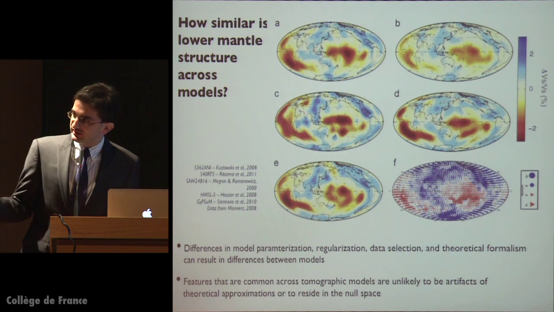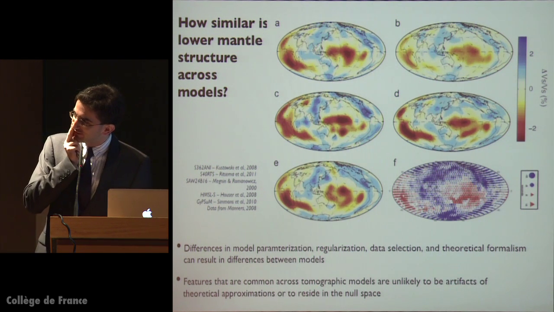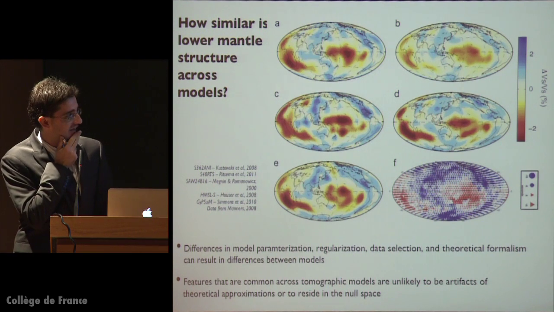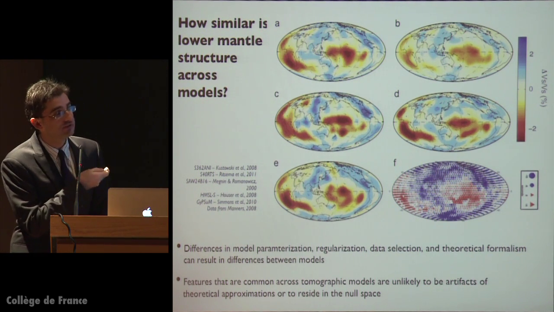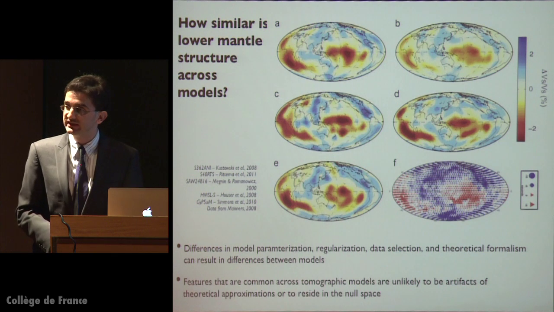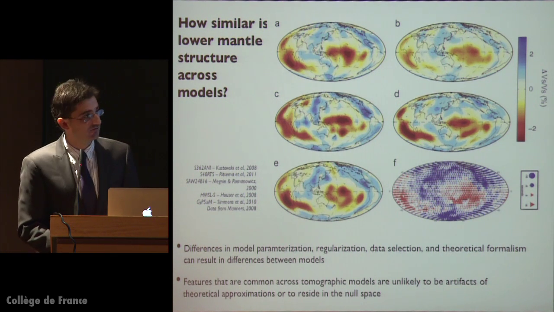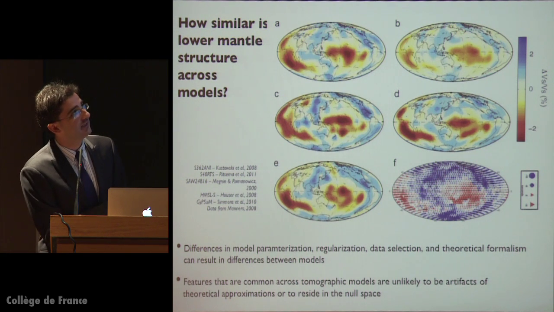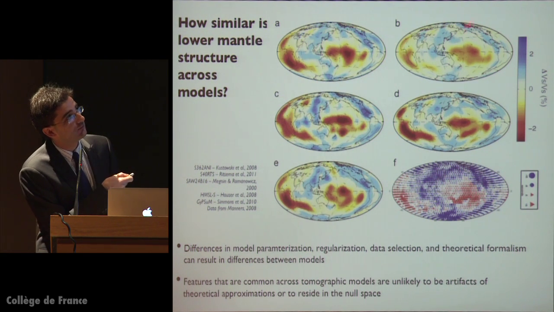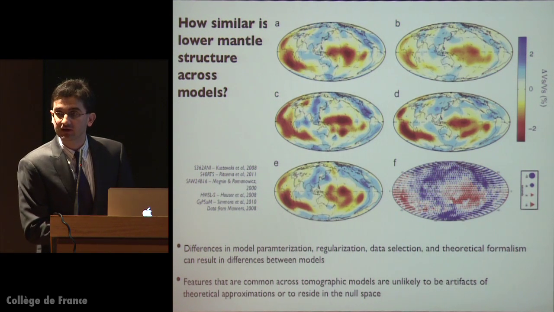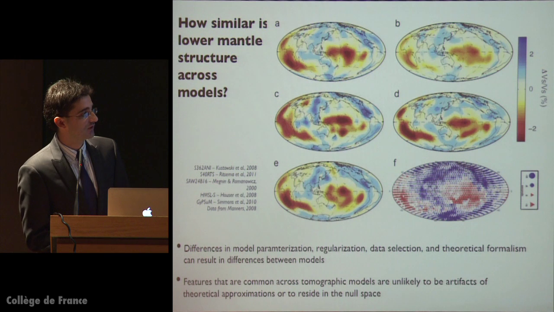Nathan's talk was a nice introduction to my talk, so thank you, Nathan. These models are all constructed with different parameterizations, different regularizations, different data selections and different theoretical formalisms. So even though there's a lot of commonality in the structure between them, if you look in detail, there are differences between these models.